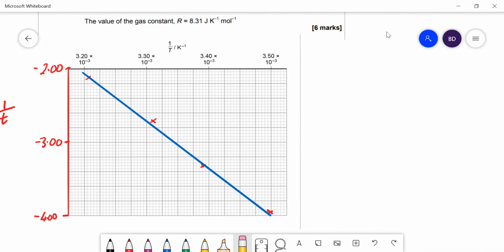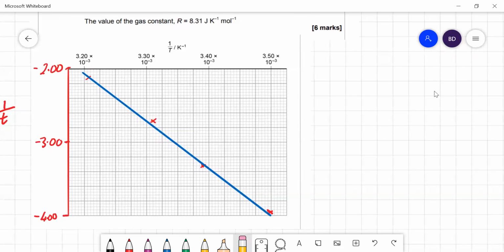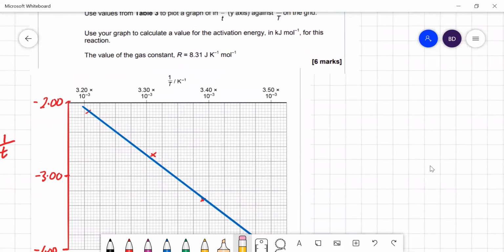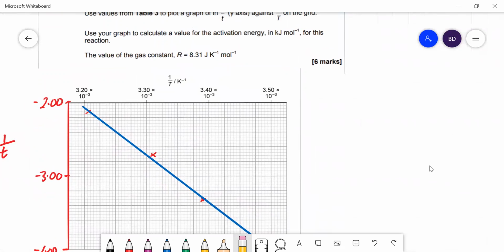And what we've got to do now is find out the activation energy. So we have got to find out the gradient of that line, because EA again is equal to minus m over R. Sorry, beg your pardon.